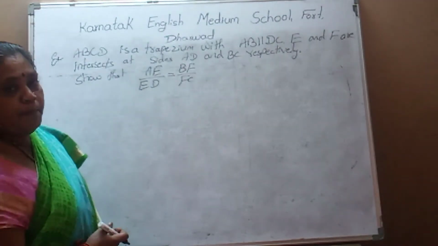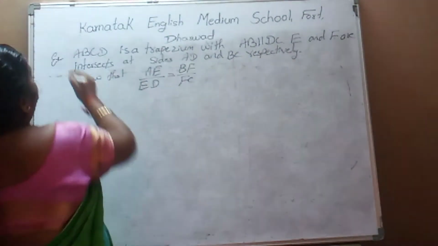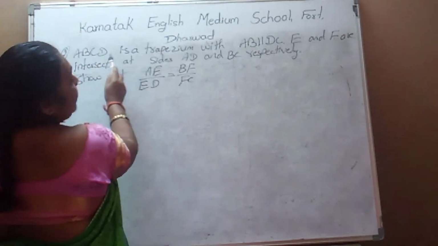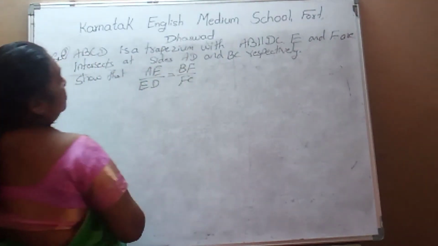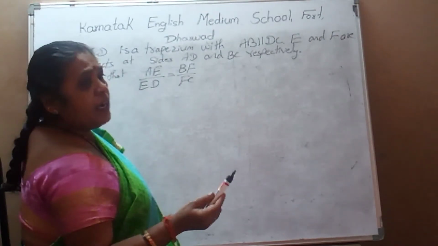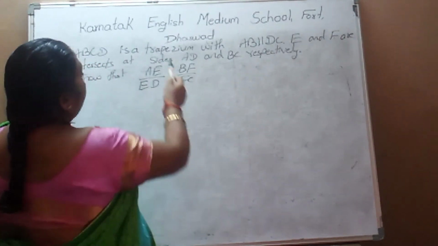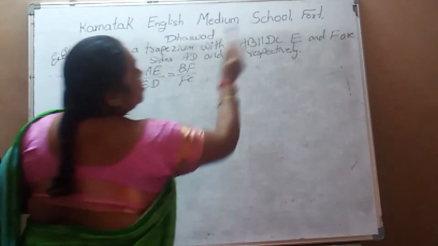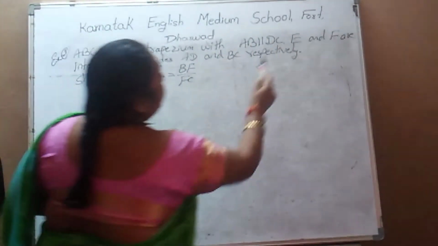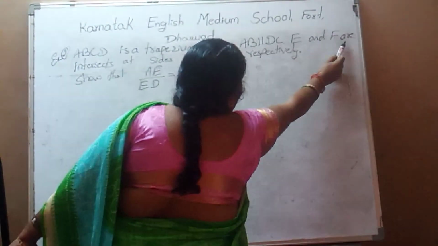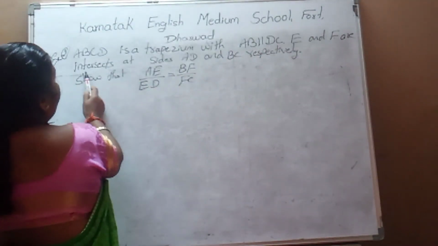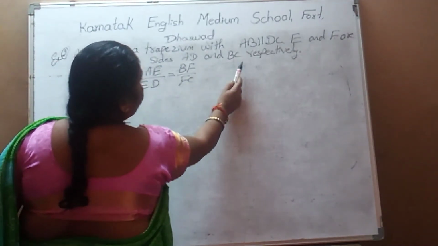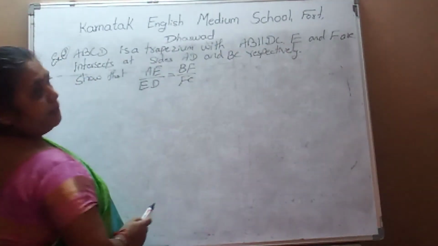This is example number 2. ABCD is a trapezium. Trapezium you learned, that is one kind of quadrilateral, with AB parallel to DC, and E and F are points on the sides AD and BC respectively.